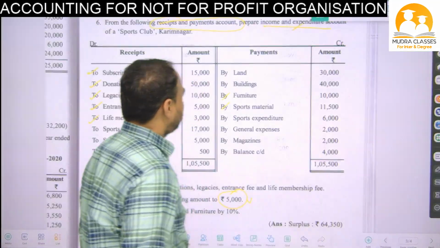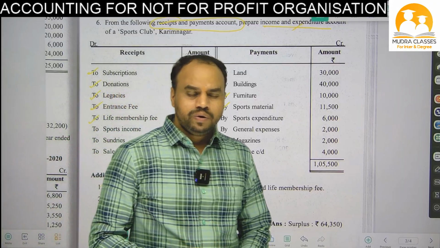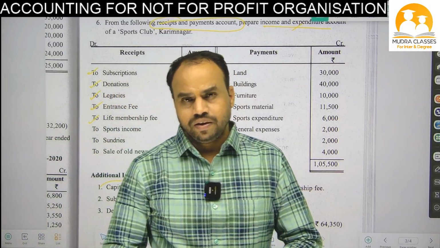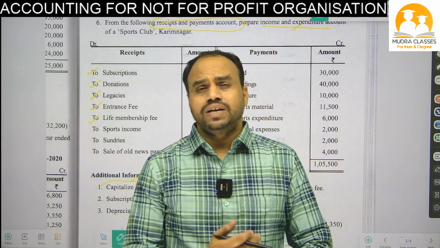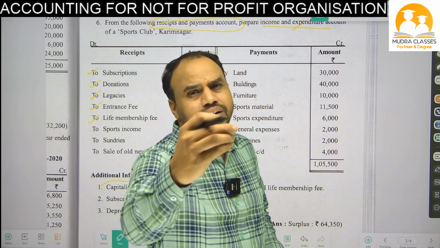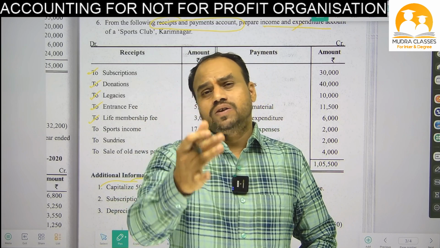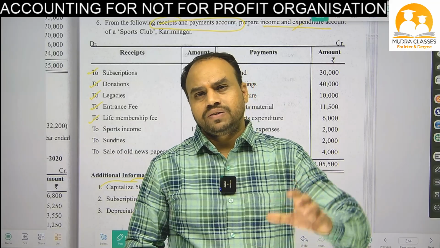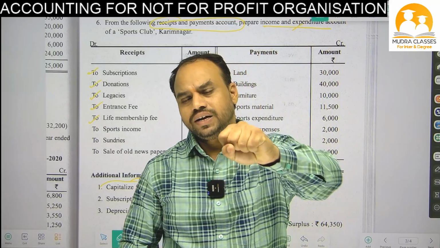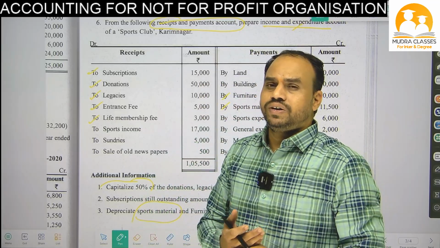See the next one. Next item given: donations. Generally, remember, beta, donations are of two types: one is specific donation, another is general donation. What is the meaning of specific donation? If any person donates money to the not for profit organization and also states the purpose for which that money must be used. For example, one person donated 1 lakh rupees and said to conduct a cricket tournament in my father's name. That is called specific donation.